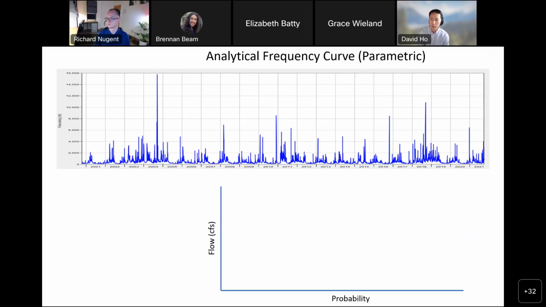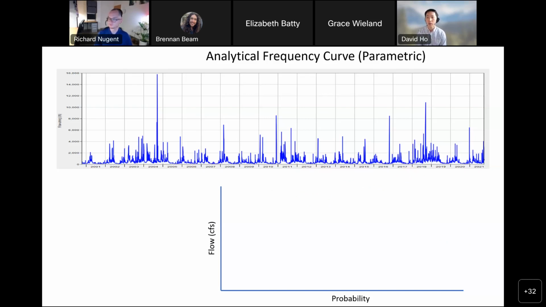All right, so let's start with analytical curves and how a hydrologist would generally start with creating an analytical curve. First thing we do is get discharge values from a flow gauge. The top chart there is showing a flow time series that we would get from a flow gauge. Flow gauges are maintained by some government agency. We typically use USGS.